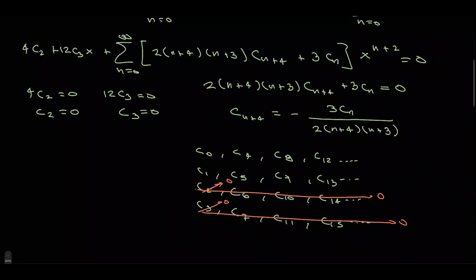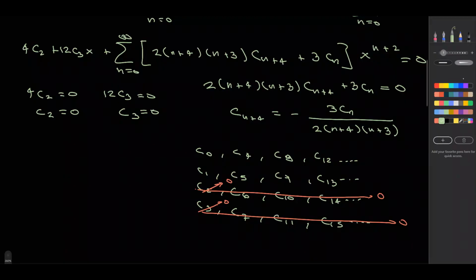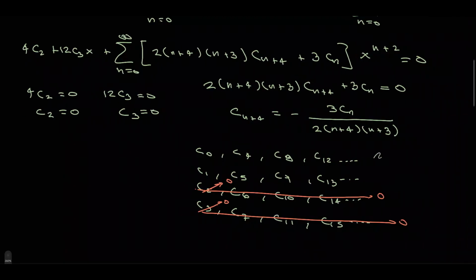So what are we going to have this time? We're going to have coefficients of the form c sub 4n and c sub 4n plus 1, so when we get the solution by series, we're going to obtain powers of x that are multiples of 4 and multiples of 4 plus 1, in a similar way as in the previous example.